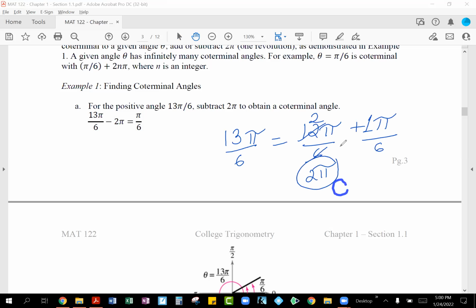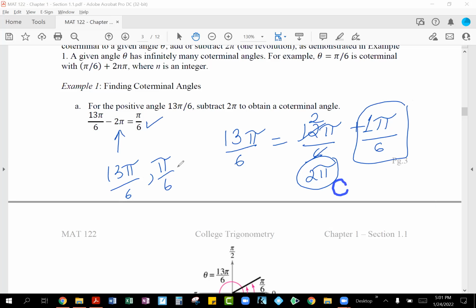That's an entire circle. So if I subtract an entire circle from this, it will bring me back to the same angle, just shy of that one whole turn around the circle, and you end up with pi over 6. So basically the idea is 13 pi over 6 and pi over 6 are coterminal angles.